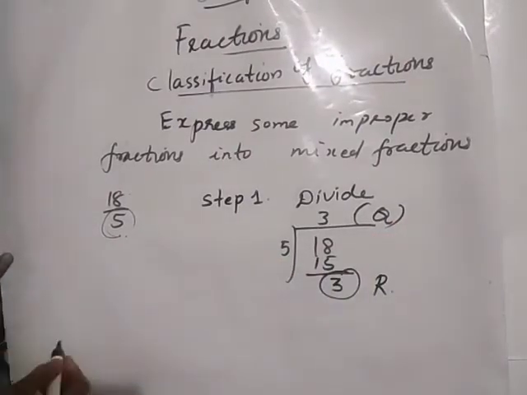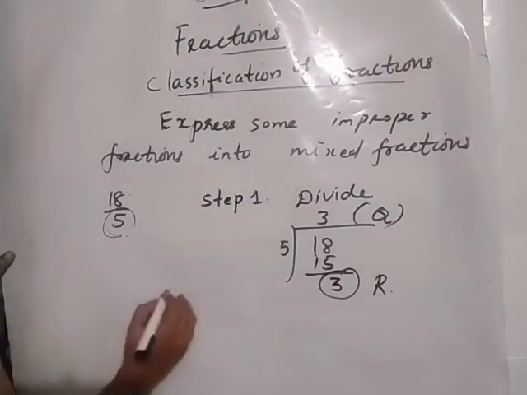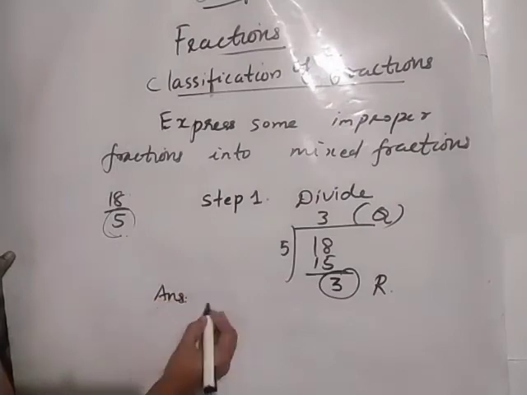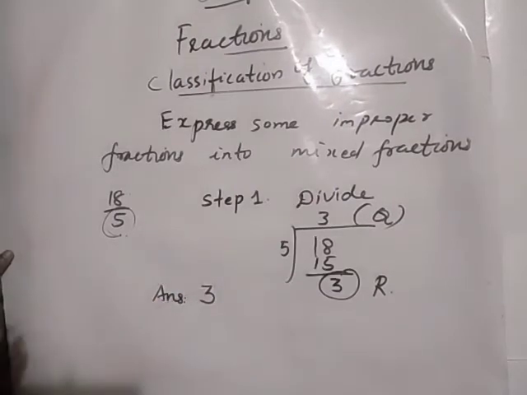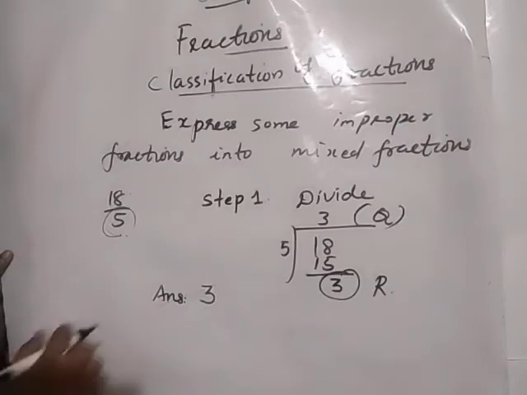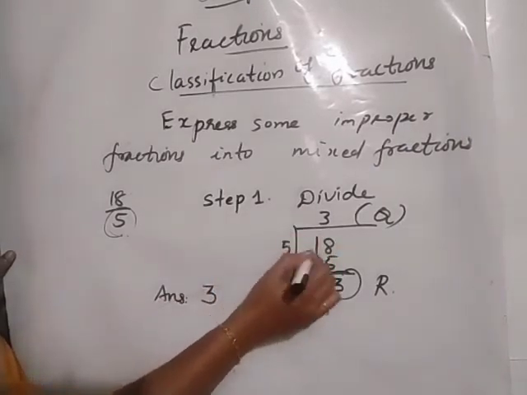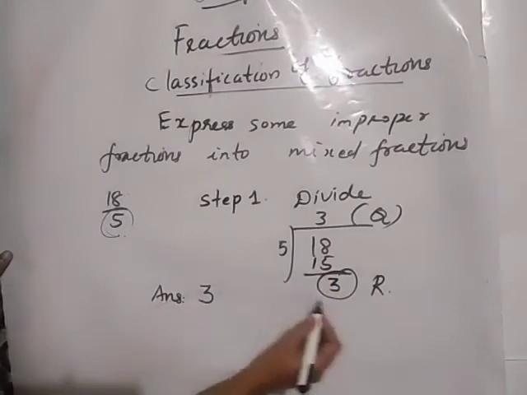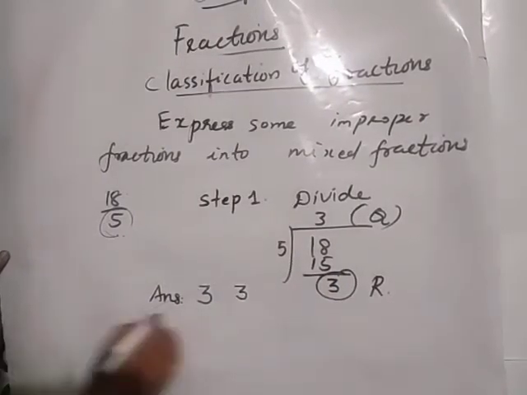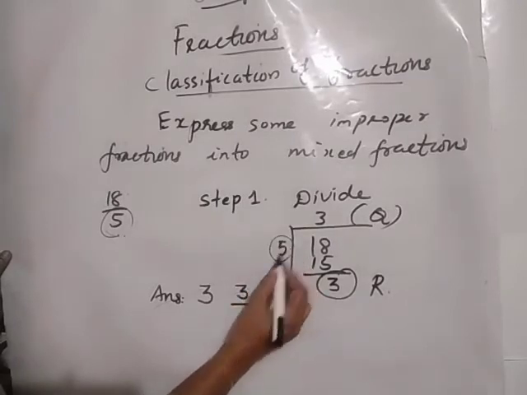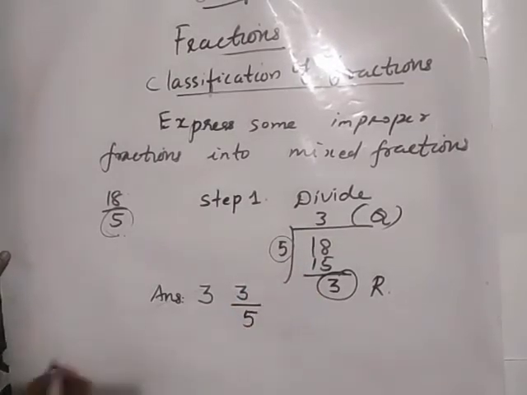Now, how can we express this as a mixed number? First we write the quotient as the integral part. There is an integer in the mixed number, no? So that integer is the quotient. Understood? And this remainder is the numerator, and this 5 is the denominator.